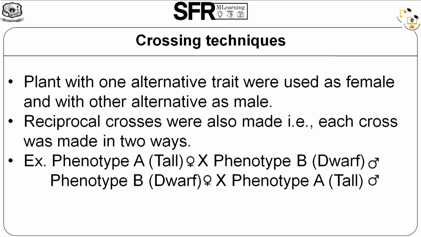So, such reciprocal crosses were also made to obtain a correct and accurate result. So, Mendel performed emasculation followed by crossing, and this crossing was again done in a reciprocal way. Reciprocal crosses were also counted and finally he obtained the results.